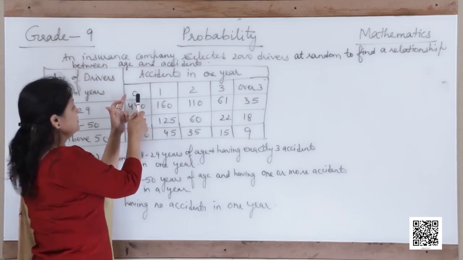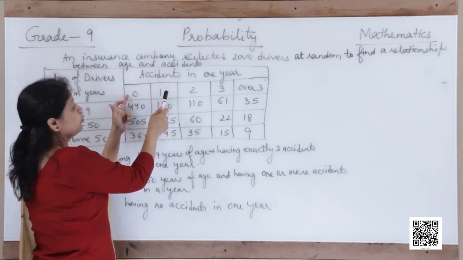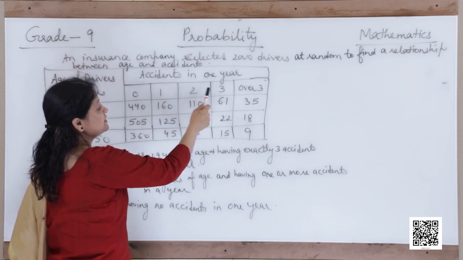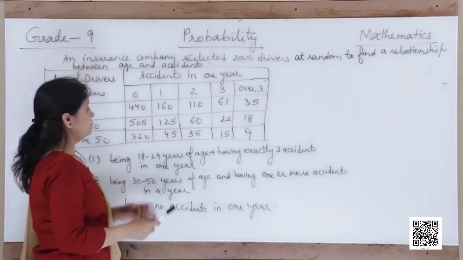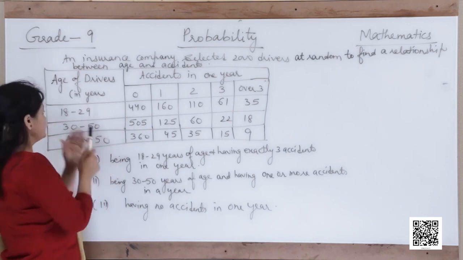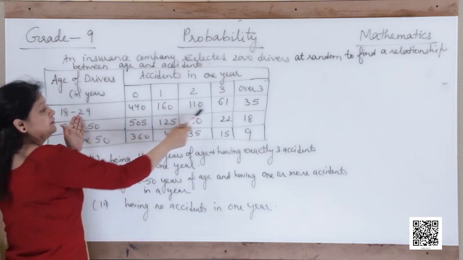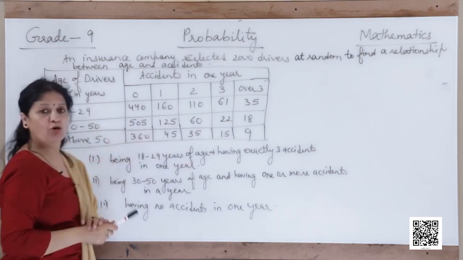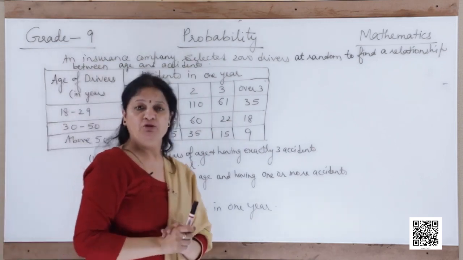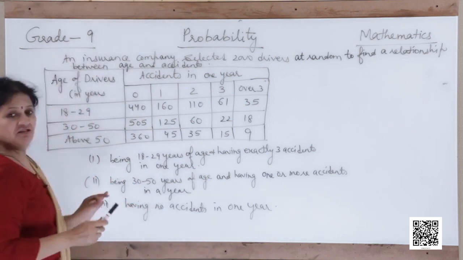How many drivers with 0 accidents, with 1 accident, with 2 accident, 3 accident or more than 3 accidents in 1 year, with the age differences given like 18 to 29 data is given, 30 to 50 again and above 50 also. Now you have to find out the probability of first part.